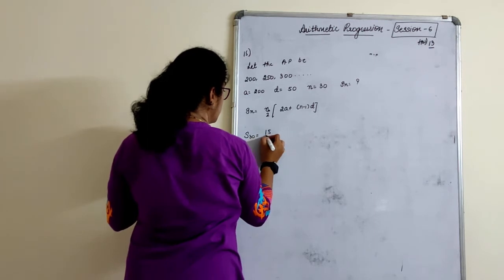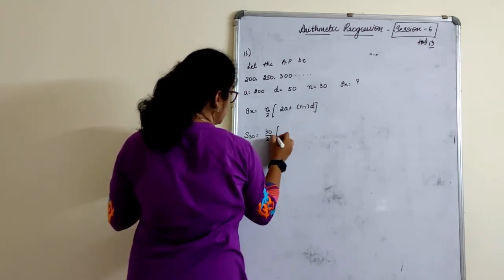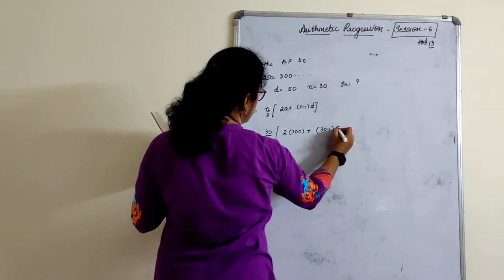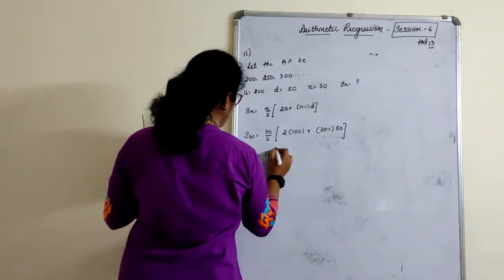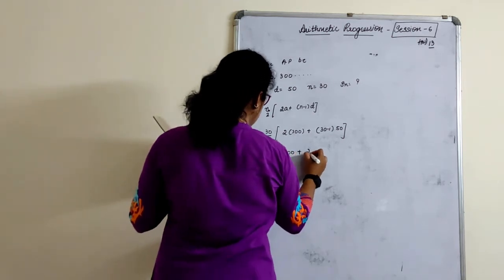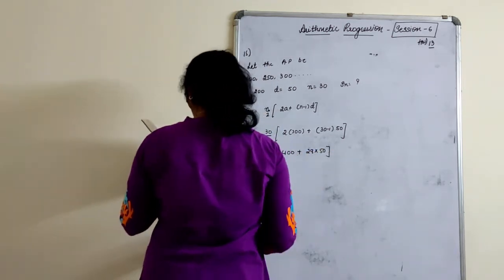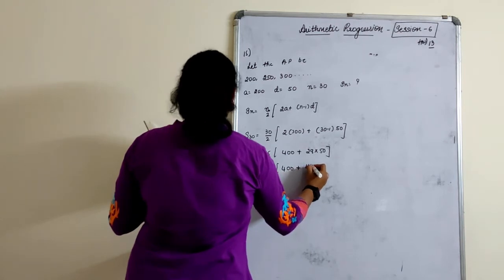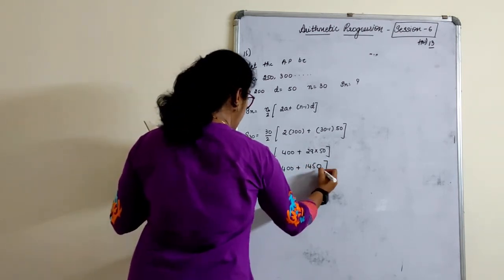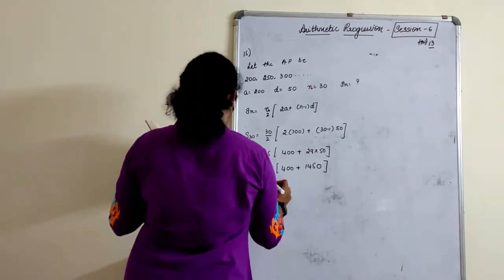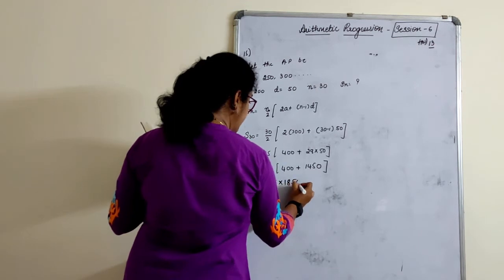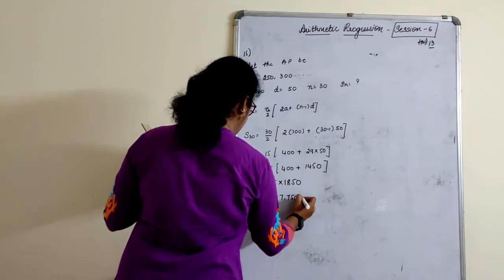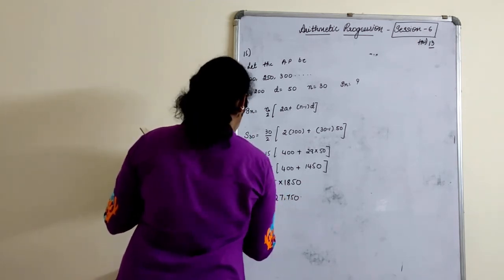S30 is equal to 30 by 2, 2 into 200 plus 30 minus 1 of 50. 15 of 400 plus 29 into 50. 29 into 50 is 1450. 1450 plus 400 will give you 1850. 1850 into 15 will give you 27,750 rupees, S30.